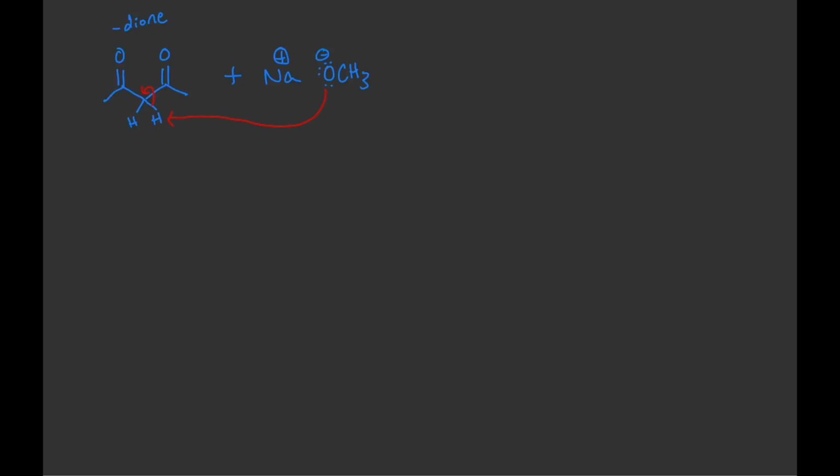And then if we draw out our product, we will get a negatively charged carbon, plus our sodium counterion, plus the methoxide, which has been protonated, which gives us methanol. So CH3OH, just methanol, is produced.